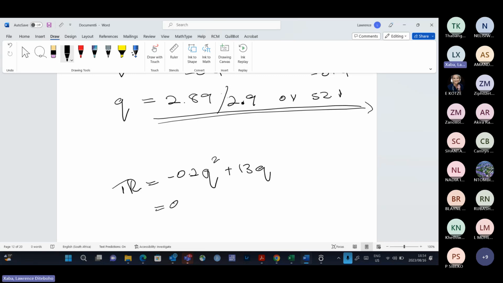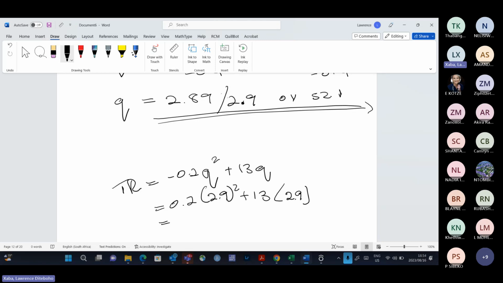Then we put open brackets, 2.9 squared plus 13 times 2.9. Then we have 0.2 there, open brackets, 2.9 close brackets to power 2, plus 13 open brackets, 2.9 close brackets.